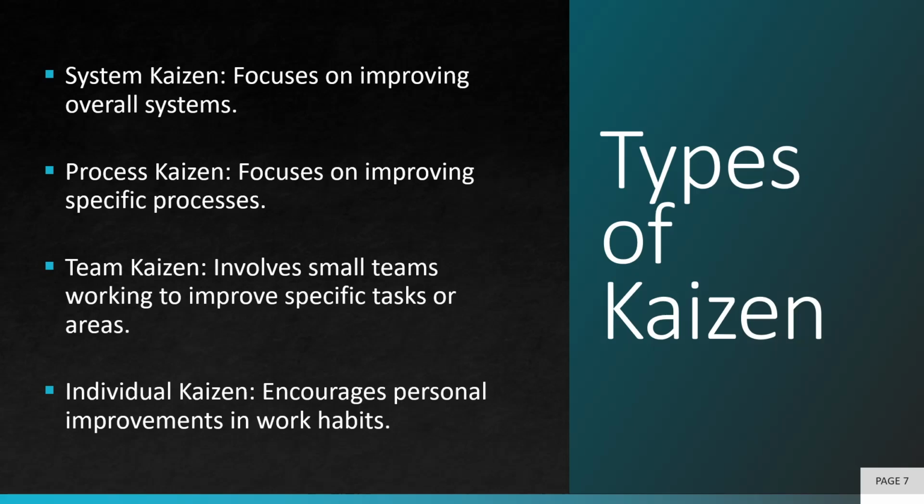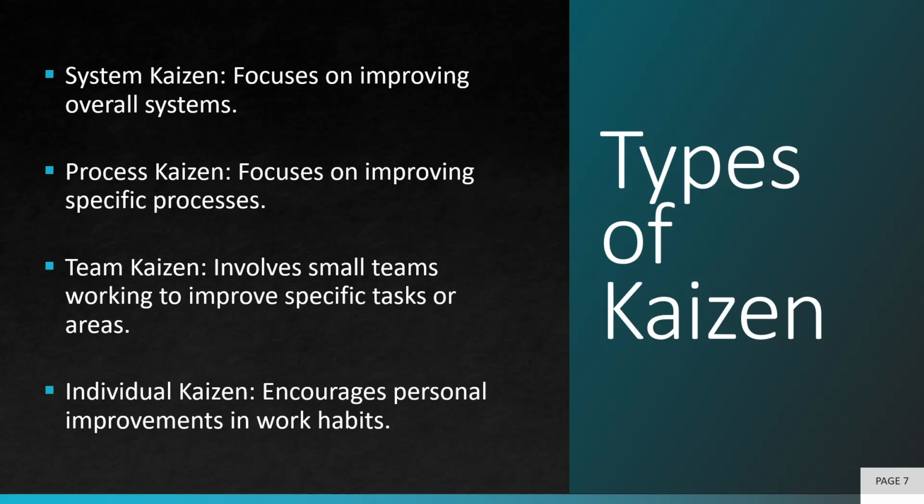The second one is process Kaizen, which focuses on improving specific processes. For example, in an organization there are multiple processes like the hiring process, sales process, delivery process, and operational processes. So under process Kaizen we are majorly focusing on how we can improve our processes and bring the change into the operation.